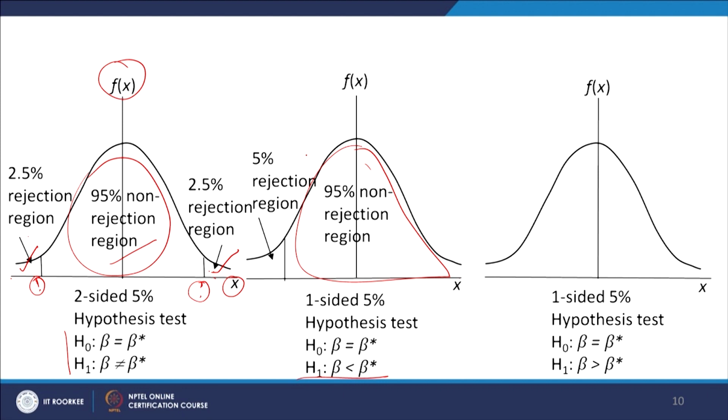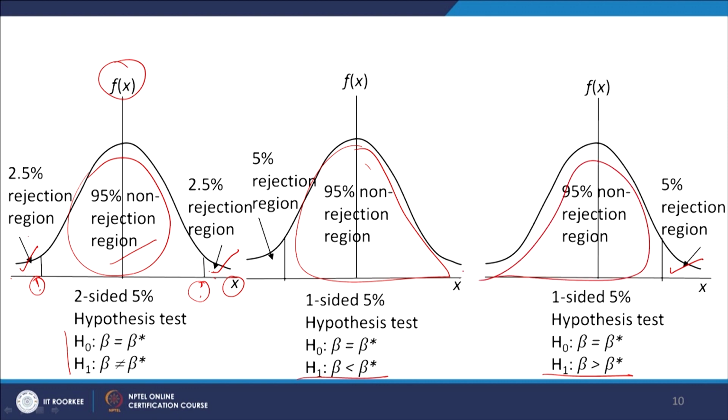Similarly, we again go for another one-sided 5% significance level hypothesis test where the alternative hypothesis is beta is greater than beta star. So, of course, we will be considering the right hand tail, and this is my 5% rejection region and the rest is actually 95% non-rejection region. So, graphically this is what we actually plan to do or try to do.